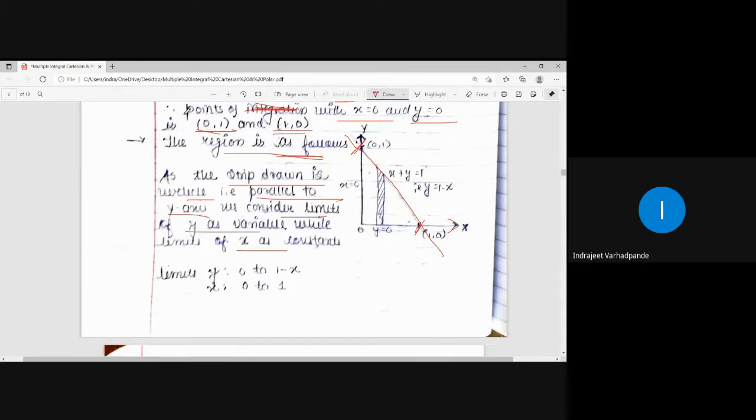This is a very important part. Whenever the limits of y are variable, the strip will be drawn parallel to the y-axis and the integration will be done first with respect to y. So automatically the limits of x will become constant.